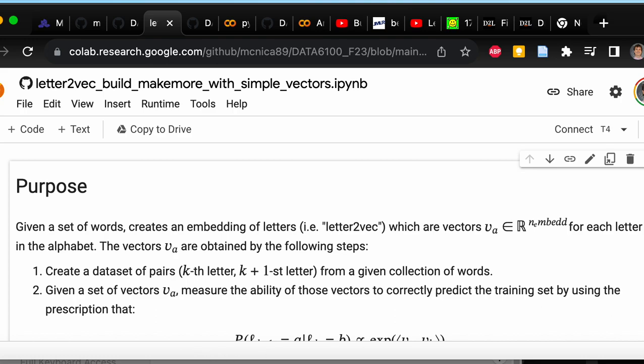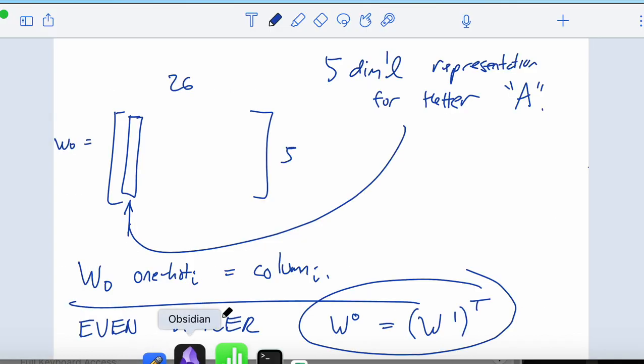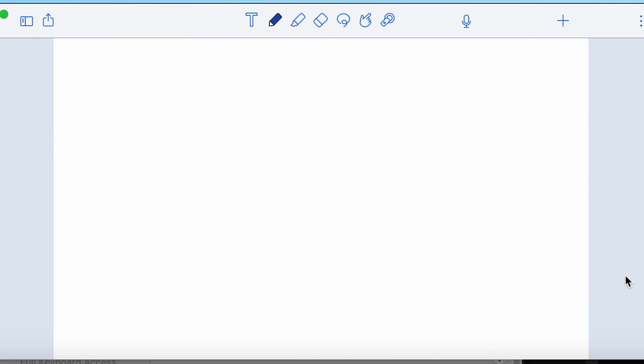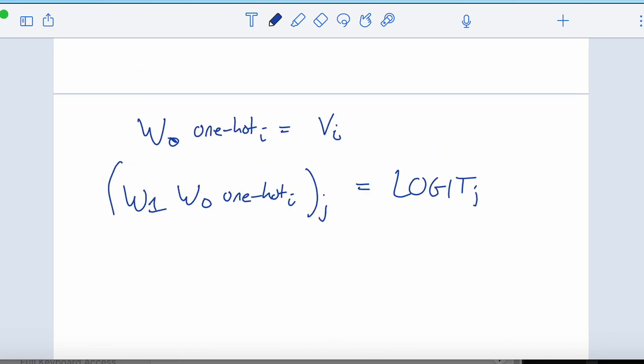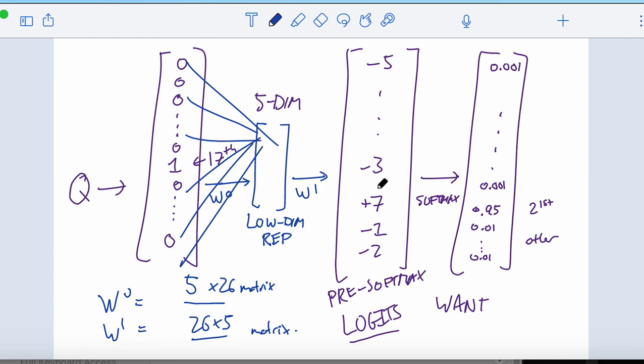And if you write down what this thing is doing, W0 times the one-hot of i is column i, let's call that Vi. Then W1 times W0 times the one-hot of i, if you look at the jth component, this is the logit number j. So let's pretend you want to know the entry over here.